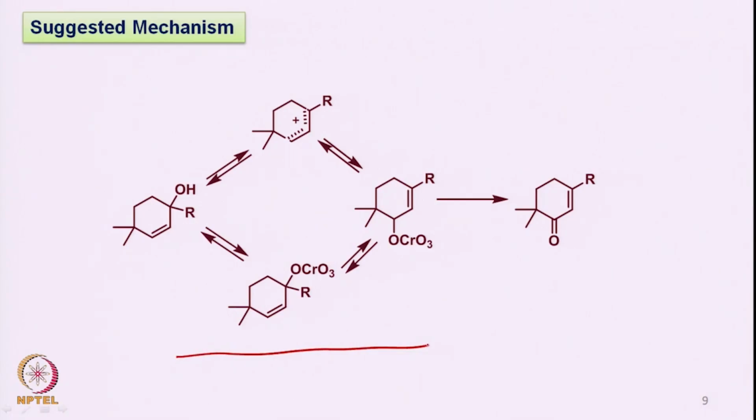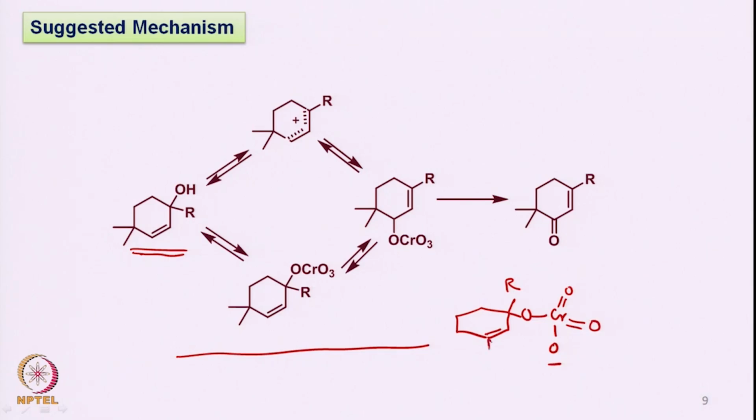If you have an allyl alcohol of this type, then when pyridinium chlorochromate or any chromium based reagent reacts with this hydroxy group, if you have an R group here and an OH group here, this OH group will react with pyridinium chlorochromate, and this is the intermediate that will form.